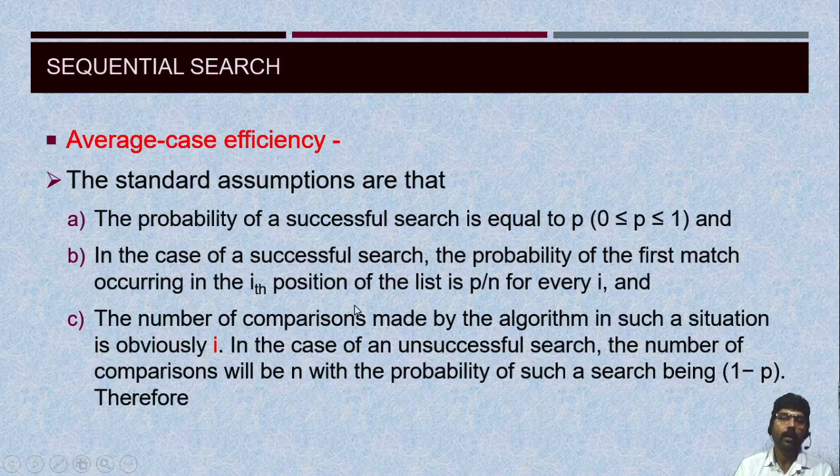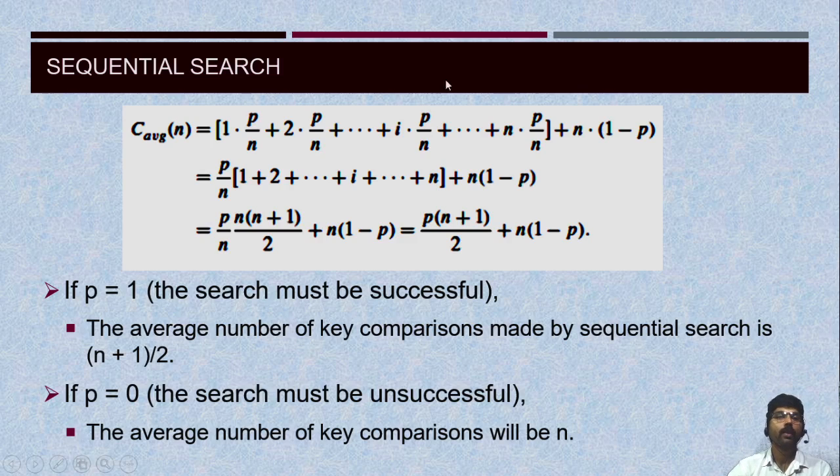For that we have a formula: C average of n is equal to, if the probability of the first element is 1 into p by n, the probability of the second element is 2 into p by n, and like that, the ith element is i into p by n. The meaning here is the searching key will be available anywhere in between.